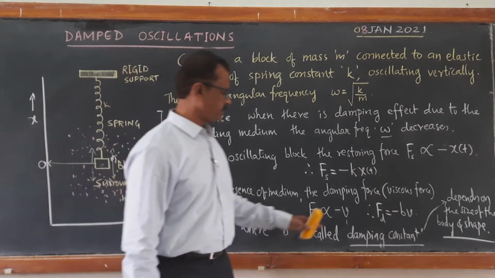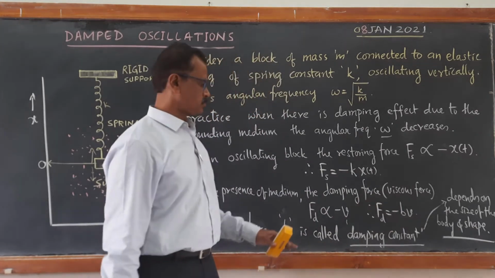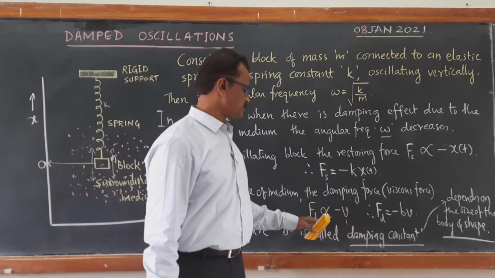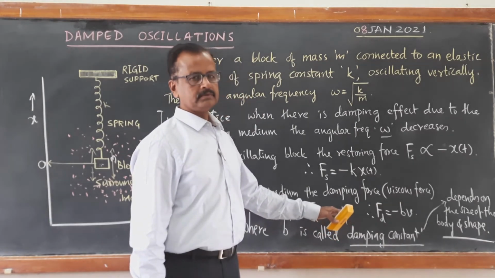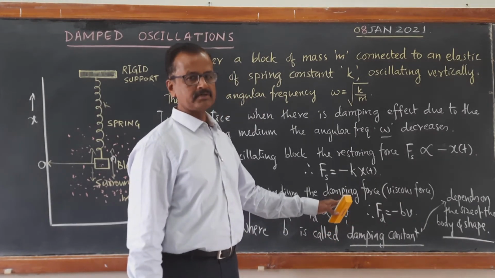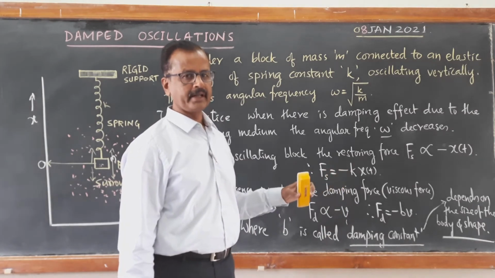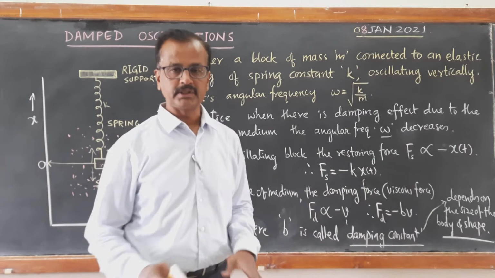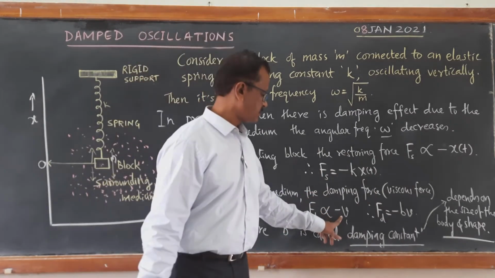So all together we take it as constant b. So Fd is directly proportional to negative of v, meaning it is proportional to the speed of the oscillating body, and it is in the opposite direction of the motion. Therefore there is a negative sign.